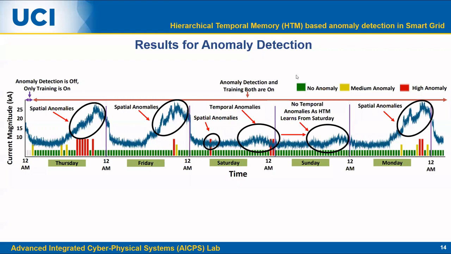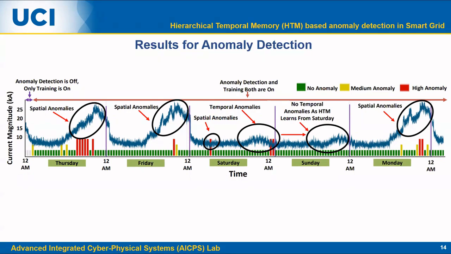After training our model with this dataset, we have found that our algorithm can detect anomalies very well. If you look at this slide, you can find that our algorithm has detected spatial anomalies as well as temporal anomalies from the micro-PMU data.